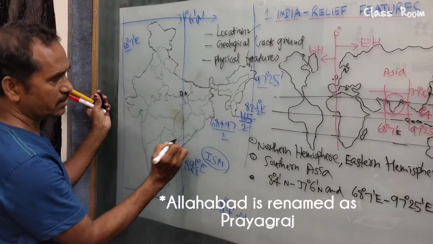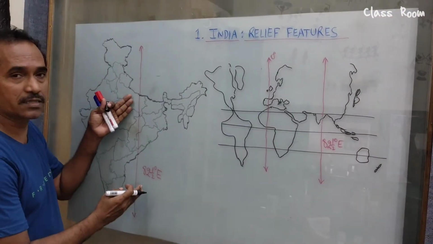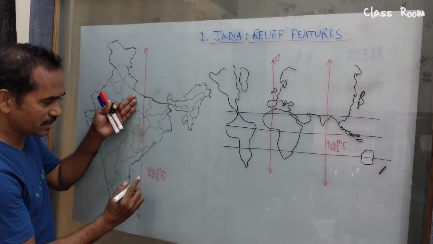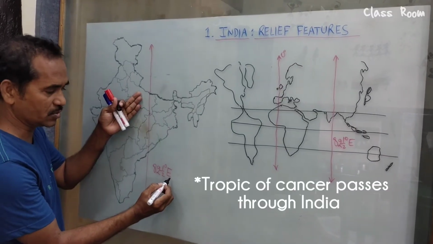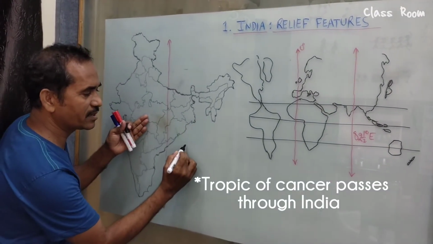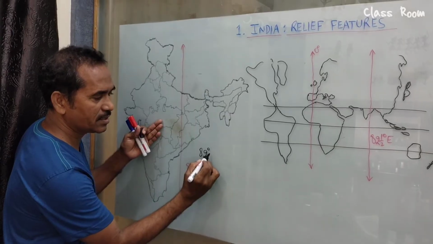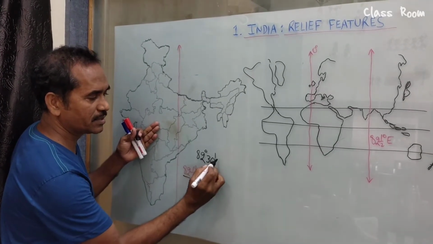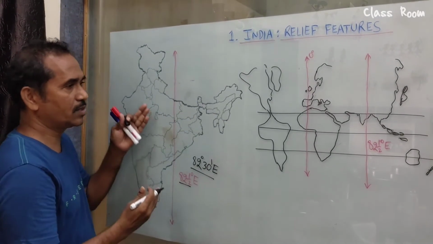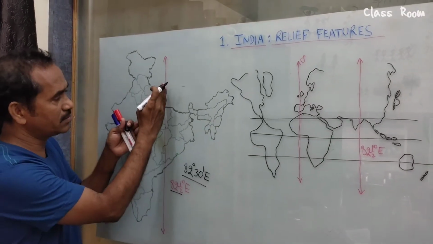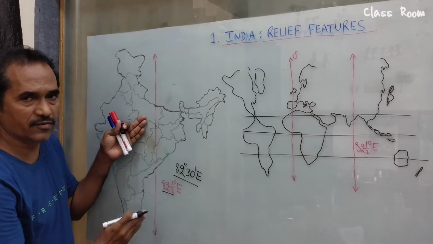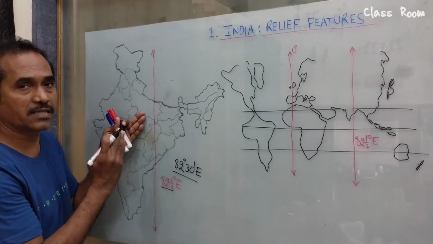This is Indian Standard Meridian, 82 and a half degree east longitude. We can also write this as 82 degrees 30 minutes east longitude. This Indian Standard Meridian is the reference for Indian Standard Time.